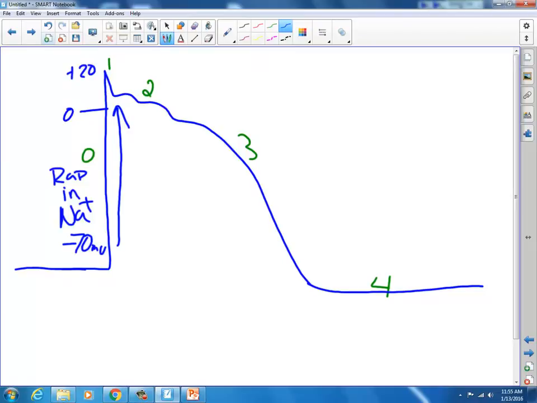What happens when I get to phase 1? What happens to the sodium? Now you stop. K leaks out still a little.